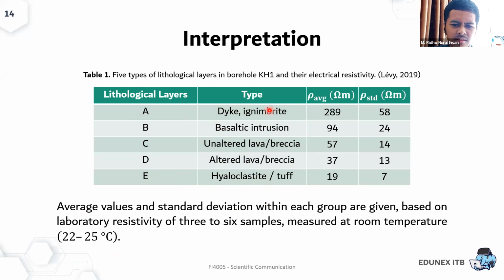This is the 5 lithological layers in the borehole and their electrical resistivity. Average values and standard deviation within each group are given based on the laboratory resistivity of 3 to 6 samples measured at room temperature.